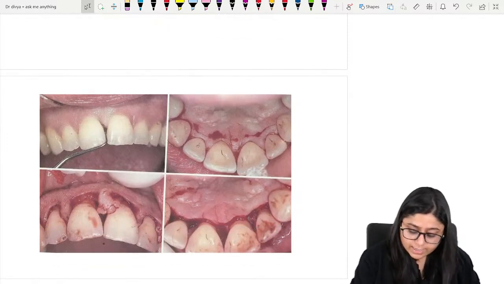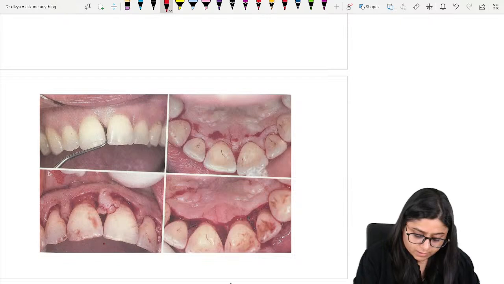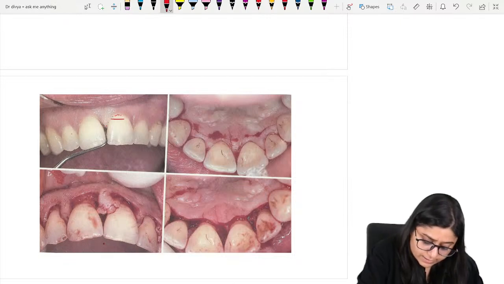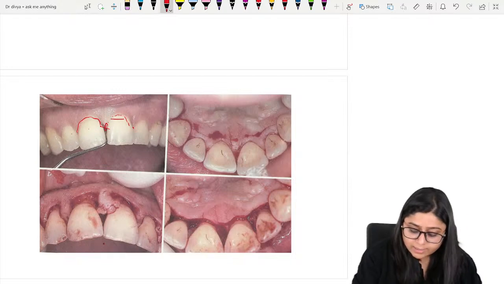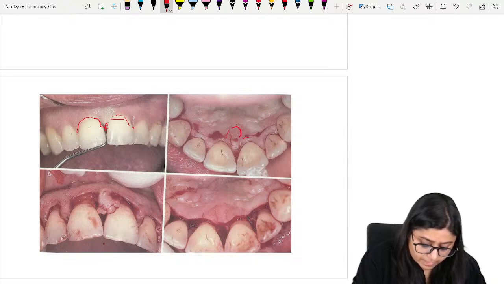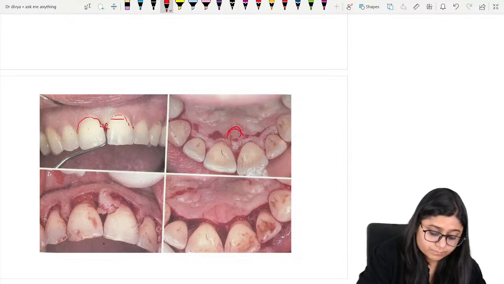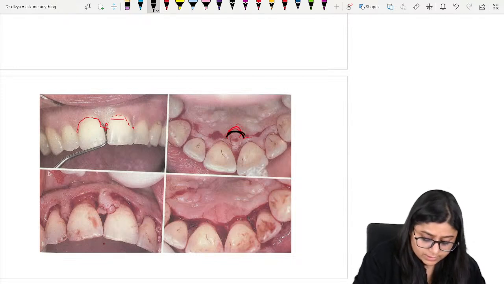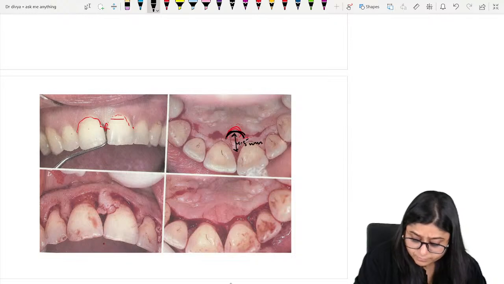So here in this case, you can see that this is the buccal view. We have given the crevicular incisions here. Crevicular incisions are given, interdental incisions are not. Then on the palatal aspect, a semicircular incision is given at a distance of 4 to 5 mm.